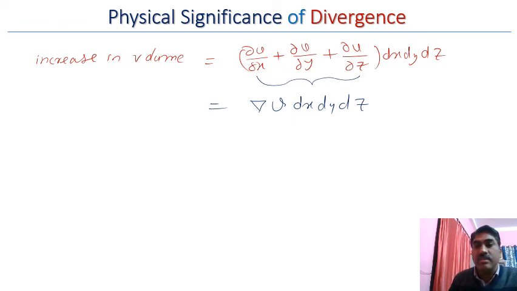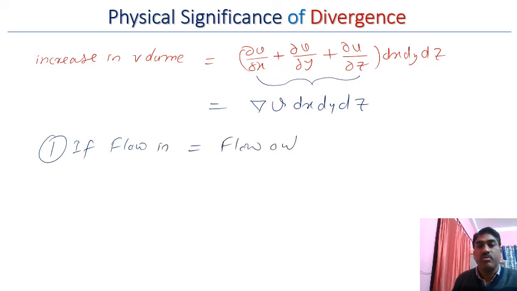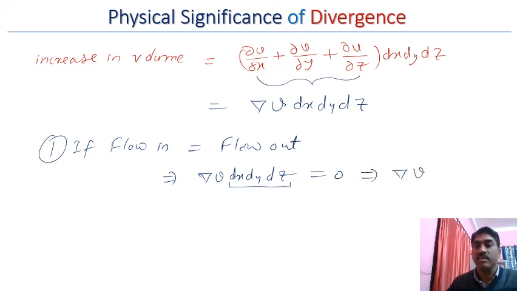Now this is the significance if flow in is equal to flow out. So condition 1, if flow in is equal to flow out, then there will be no increase of the volume inside the element, and this means del v dx dy dz is equal to 0, and because dx dy dz is a finite volume, it is not 0, therefore del v is equal to 0.